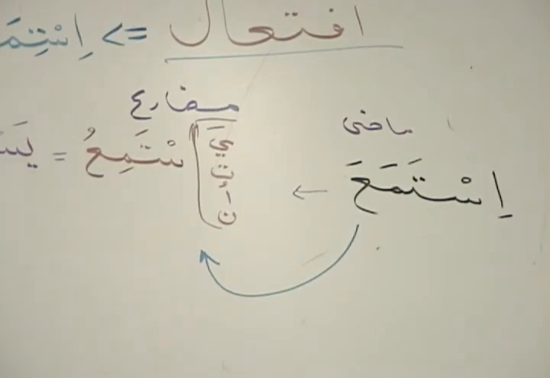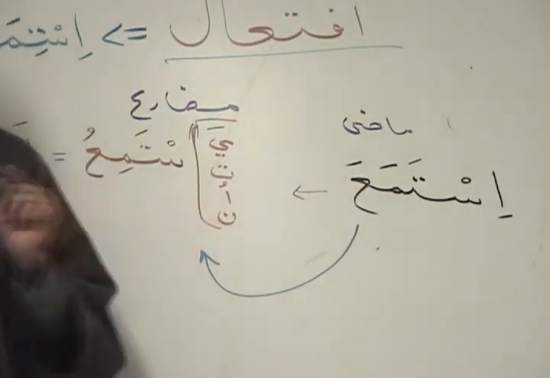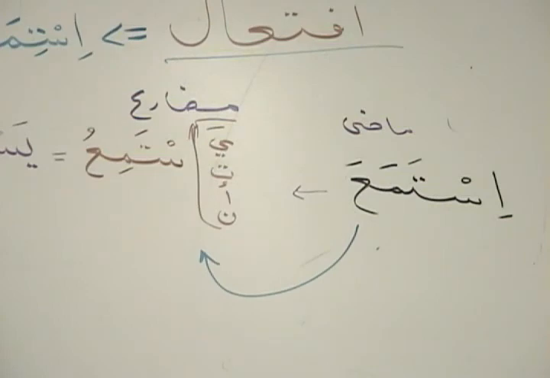So then, how about majhul? If you want to change it to majhul, you know some of the rules of majhul, right? Yes, change everything to a dhamma. Every haraka, if it's fatha, kasra, or dhamma, except for the last one.